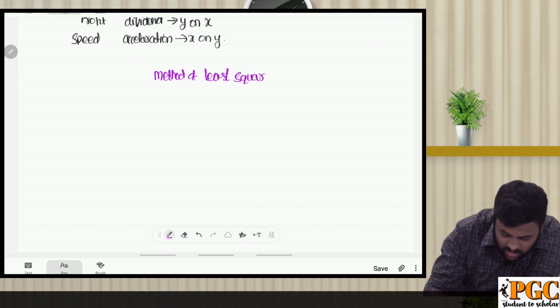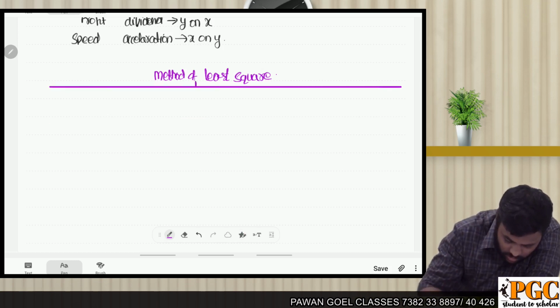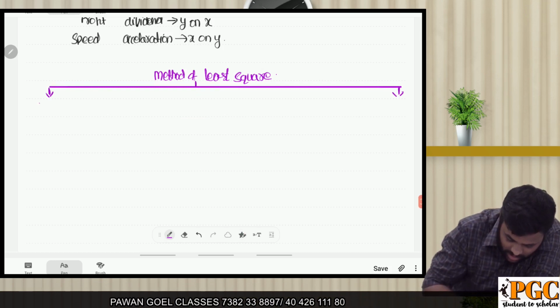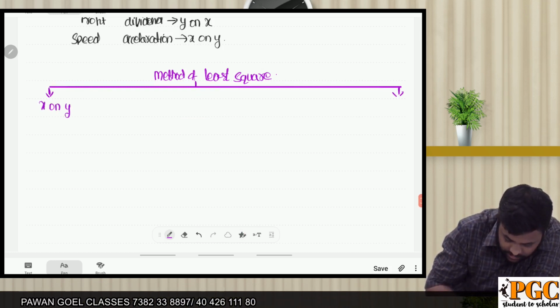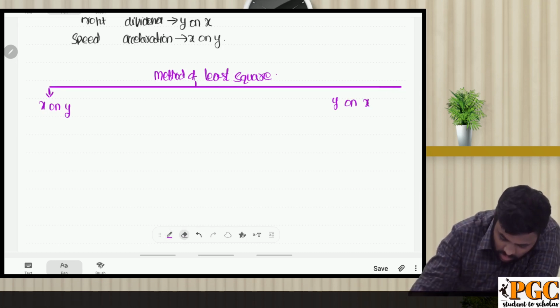What is this method of least squares? In the method of least squares, we are supposed to compute two equations, x on y and y on x. Now how do we get x on y and y on x?